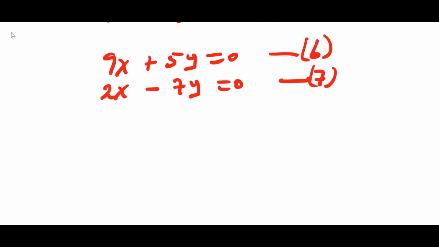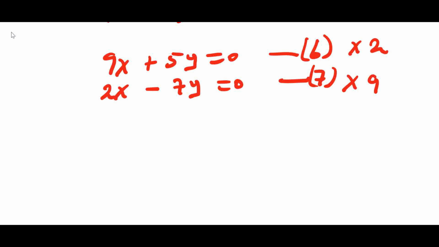So now we need to make the coefficient of x to be equal. So we can simply multiply this by 9, multiply this by 2.